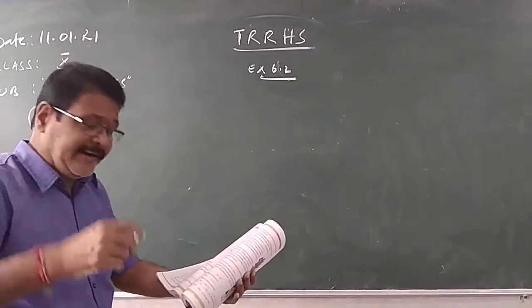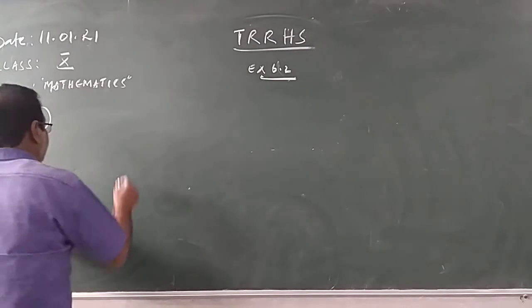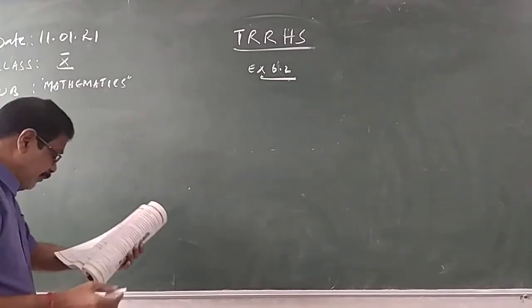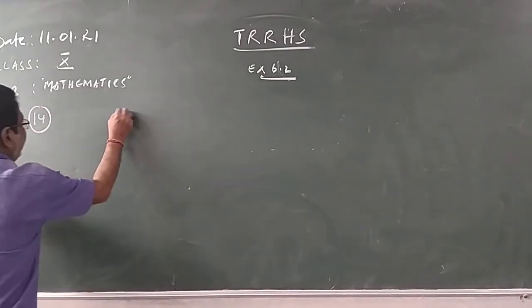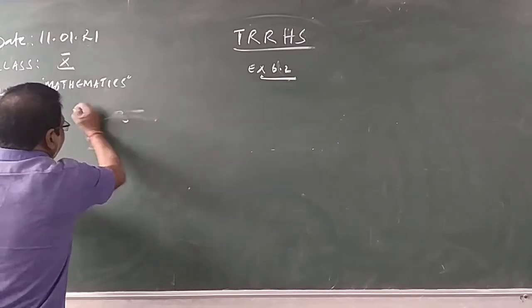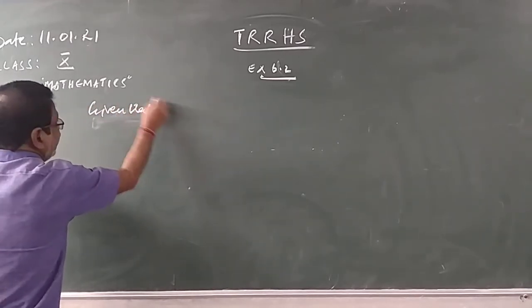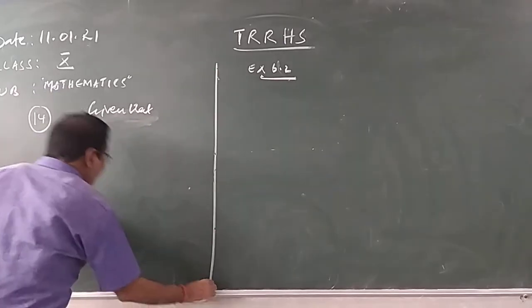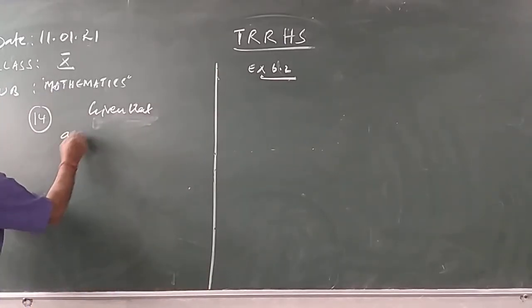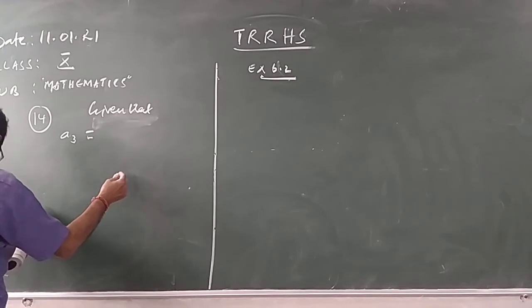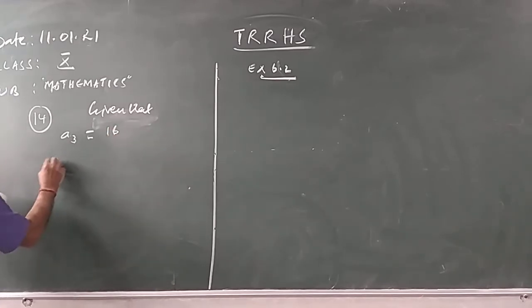So here I directly write. Now, what is the problem? Determine the AP whose third term is 16. A3 is equal to how much? Given that A3 is equal to 16. What is the third term?